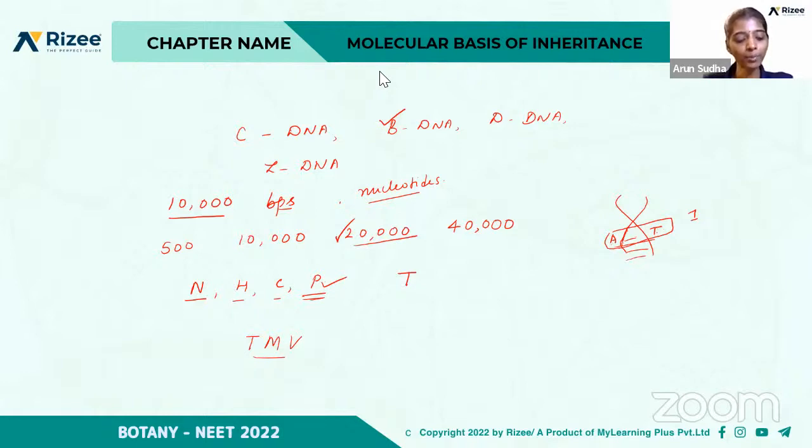Which purine and pyrimidine bases are paired together by hydrogen bonds in DNA? AC and GT, GC and AT, GA and TC, none of the above. Yes, B is the right answer. That is the linkage between GC and AT.